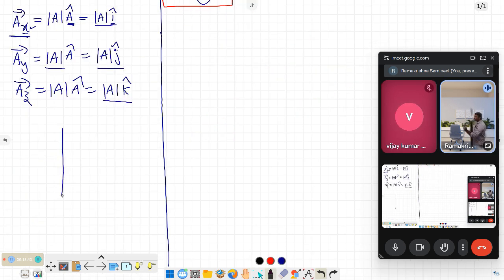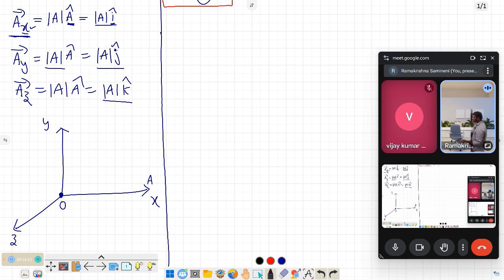Now consider the coordinate system. According to geometry, we have a coordinate system with x-axis, y-axis, z-axis. One person walks from the origin towards the x-axis, and that vector I am calling A. Another person walks towards the y-axis, whom I am calling B. Otherwise, you can take it as the same person.